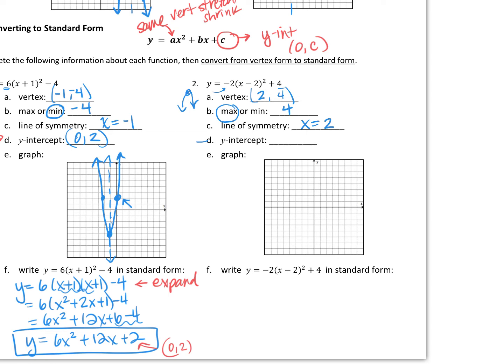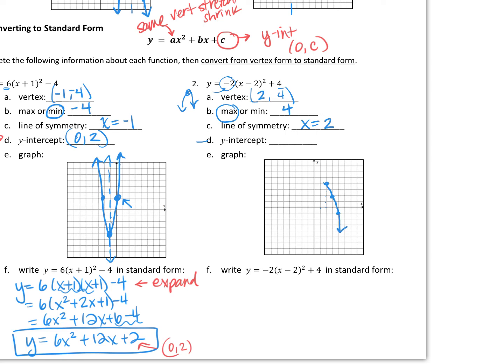So let's graph this. If my vertex is at 2, 4, okay, typically we go over 1, up 1, but we have a stretch of negative 2. So we're going to go over 1, down 2, over 2, down 4. All right, so there's half my curve.